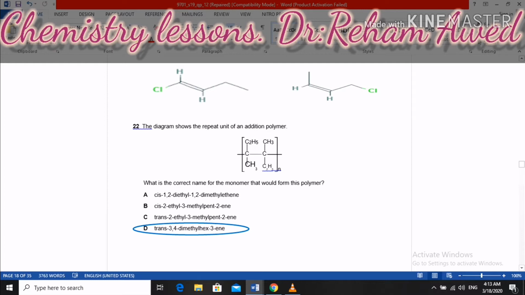We have two substitutions on the two carbon atoms in position 3 and position 4. So we have 3,4-dimethylhex-3-ene. It is trans isomerism. So our structure is trans-3,4-dimethylhex-3-ene.